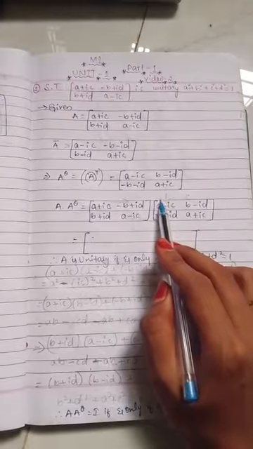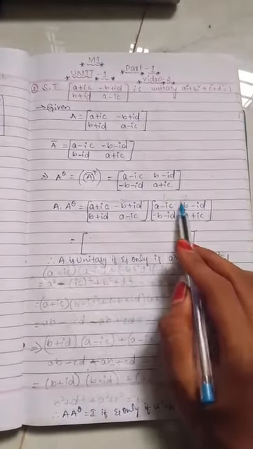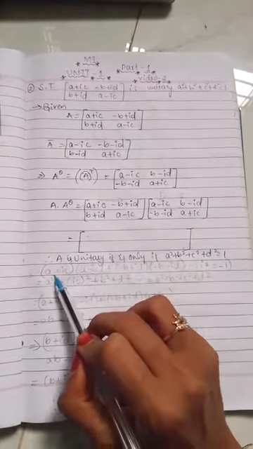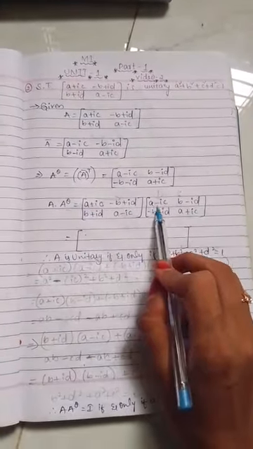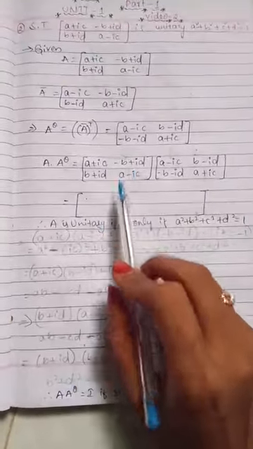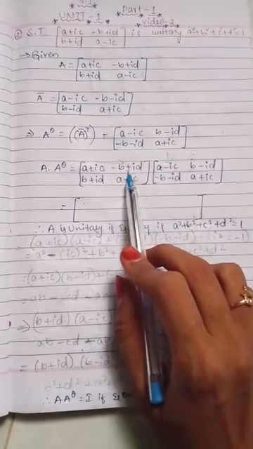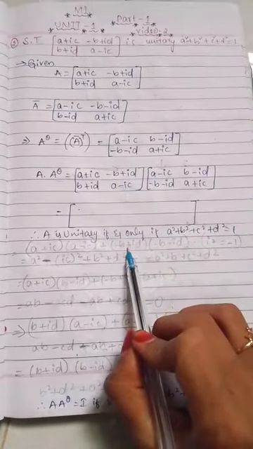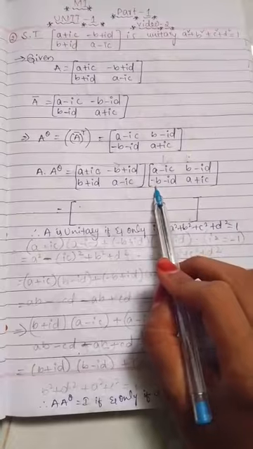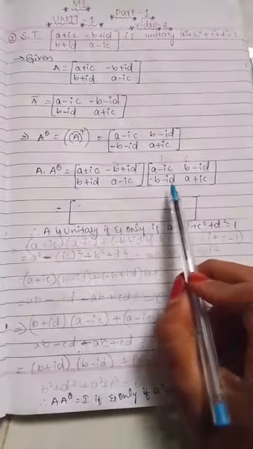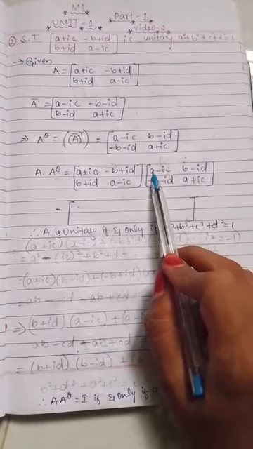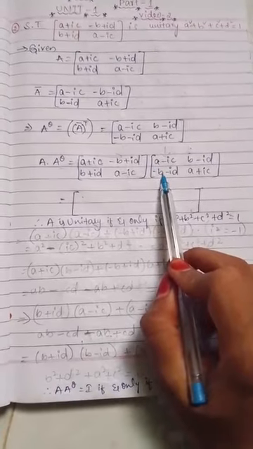First row, first column, and then first row and second column. Here A plus iC into A minus iC, then plus minus B plus iD into minus B minus iD. Got it? First row, first column.